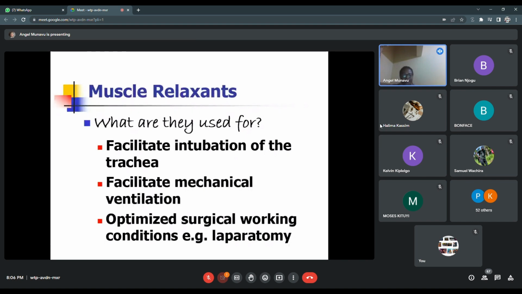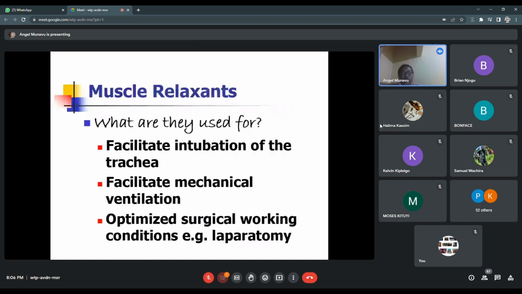For you to be able to open the mouth, you have to paralyze the muscles around the mouth, so that you can open the mouth, put the laryngoscope and then put the tube. So one of the functions of these muscle relaxants is to facilitate intubation of the trachea.